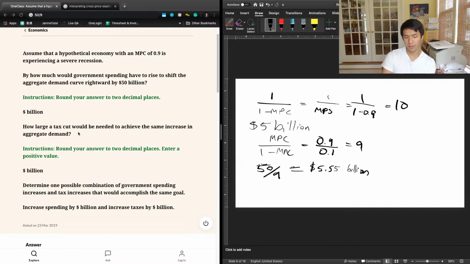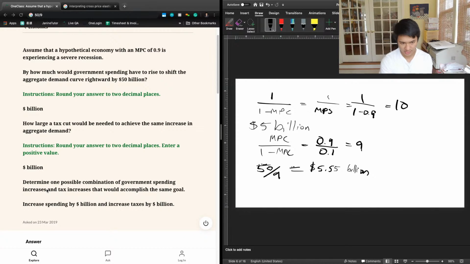And so the next question says, determine one possible combination of government spending increases and tax decreases that accomplish the same goal. And so we want to increase spending by X billion dollars and increase taxes by X billion dollars.